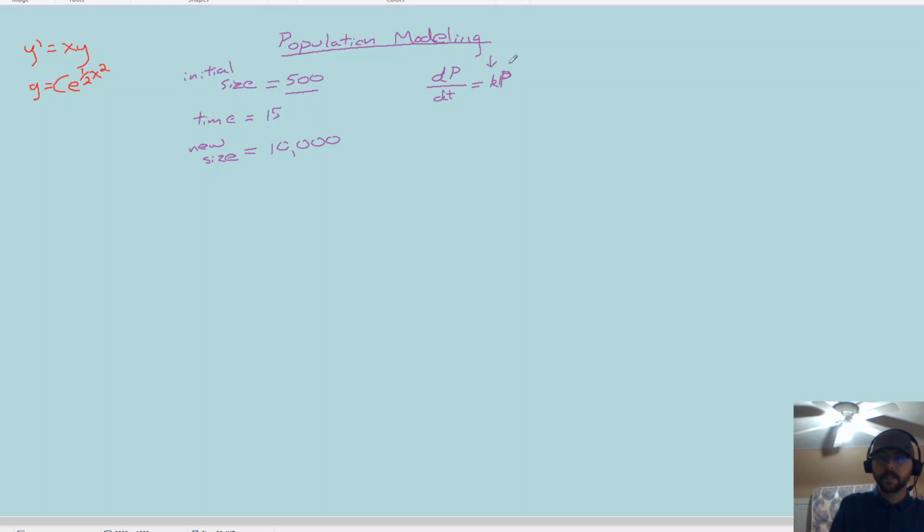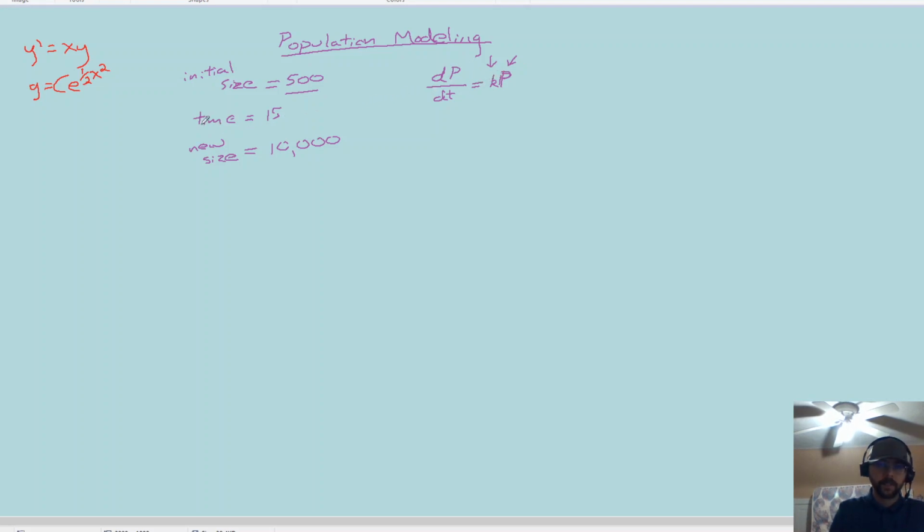Proportionality constant times whatever represents the thing that it's proportional to here, which would be some function P of t. So P here is a function, this is P of t, this K is a constant, and this P is a variable that changes with respect to time.